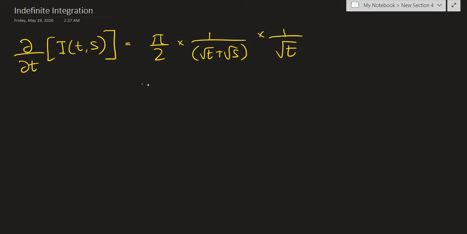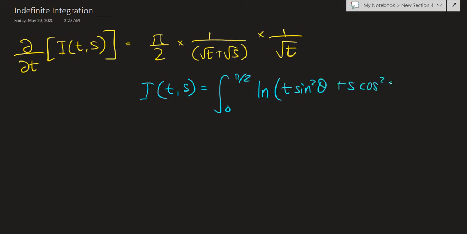That's because remember what I of t comma s originally was. It was the integral from 0 to pi over 2 of the natural log of t times sine squared theta plus s times cosine squared theta d theta, and calculating upper and lower bounds where this integral is going to be 0 and where it's going to have a certain value is going to be tricky, because there are two parameters, right?